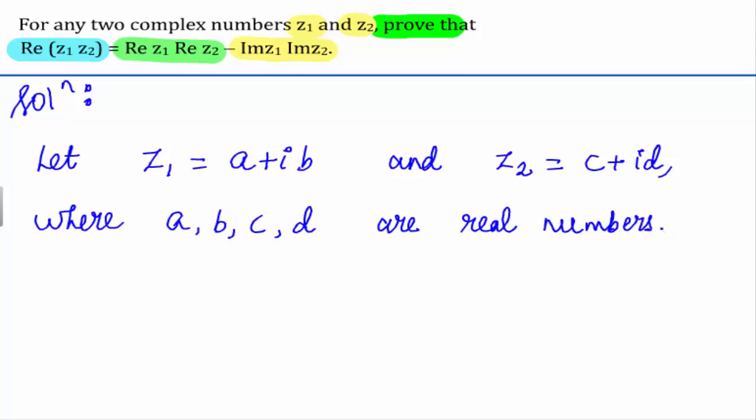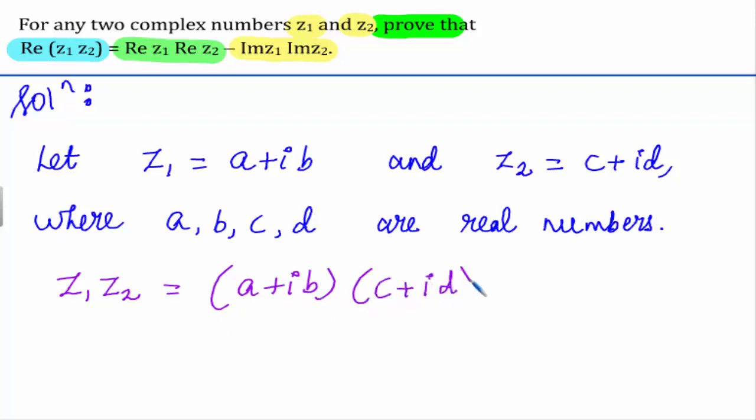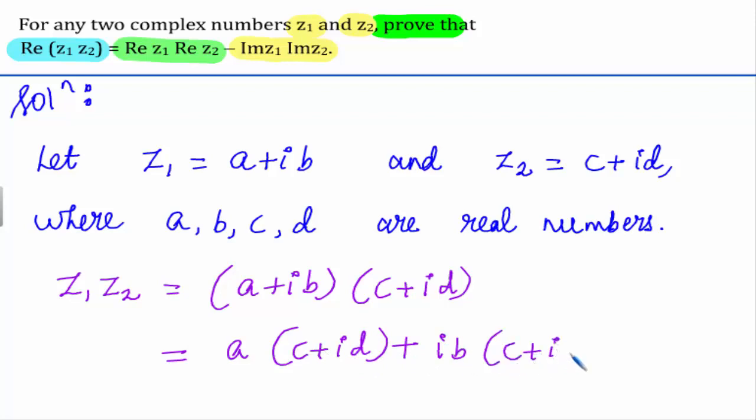Let us now find z1 z2. This will be equal to (a plus ib) multiplied by (c plus id). So this will be equal to a multiplied by (c plus id) plus ib multiplied by (c plus id).